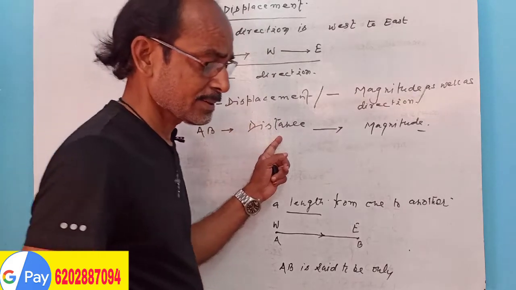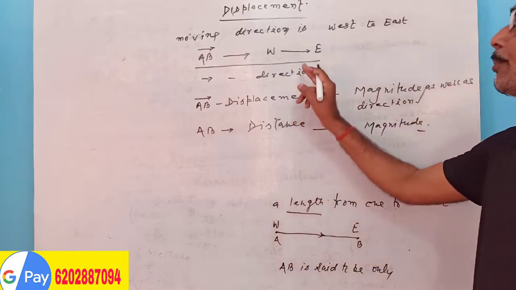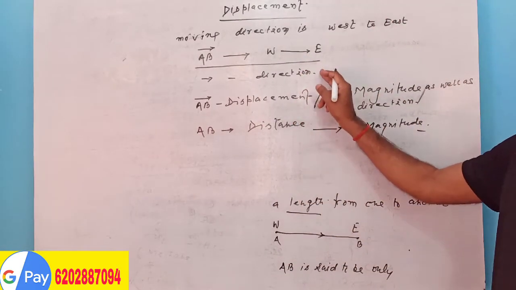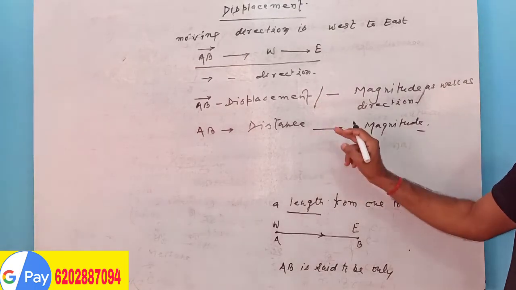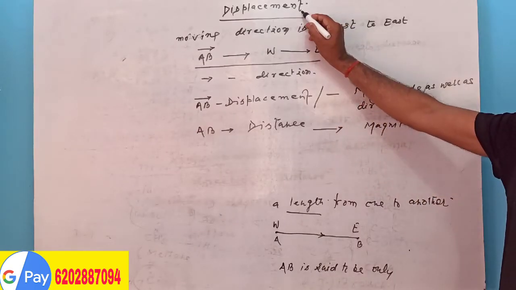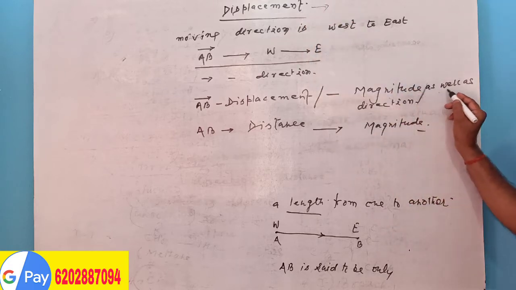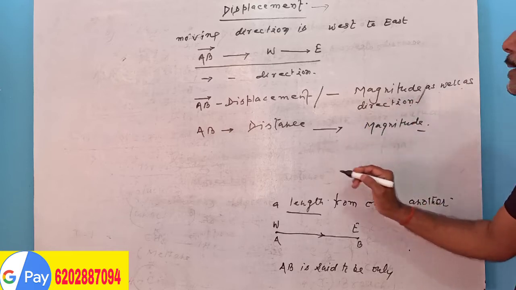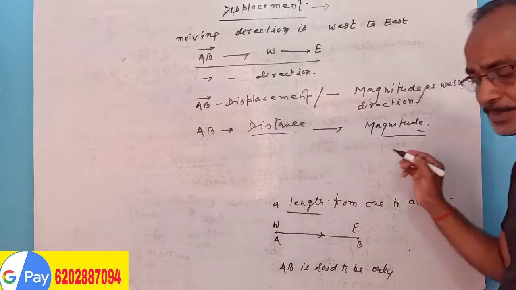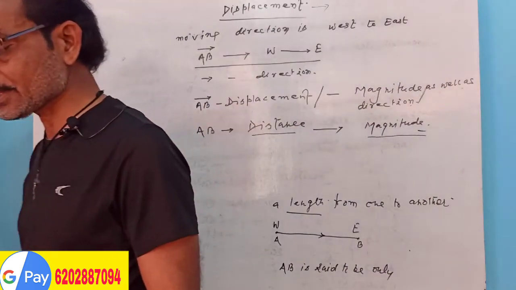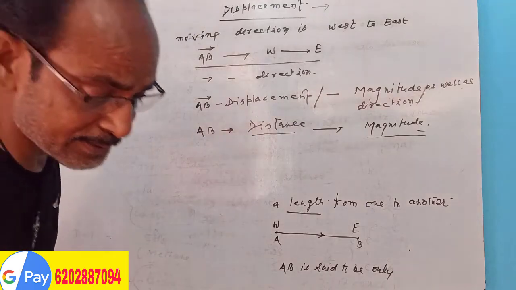Distance is a scalar quantity, whereas displacement is a vector quantity. As we studied, displacement contains magnitude as well as direction, where distance contains only magnitude.